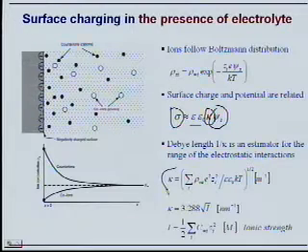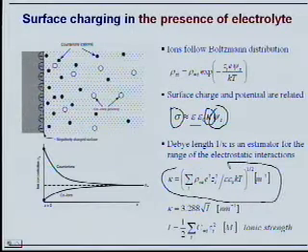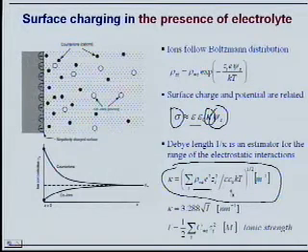This is the definition of the Debye length that we derived in the previous lecture, and we discussed that the dimensions of these parameters are inverse meters. So if you take 1 over this parameter, you have length. What we have here in the formulas are concentration and electrostatic parameters.